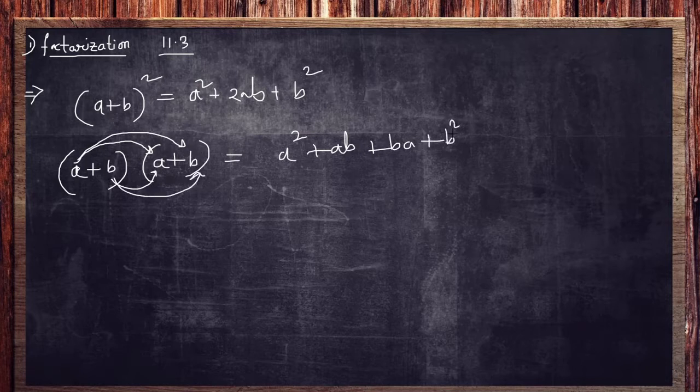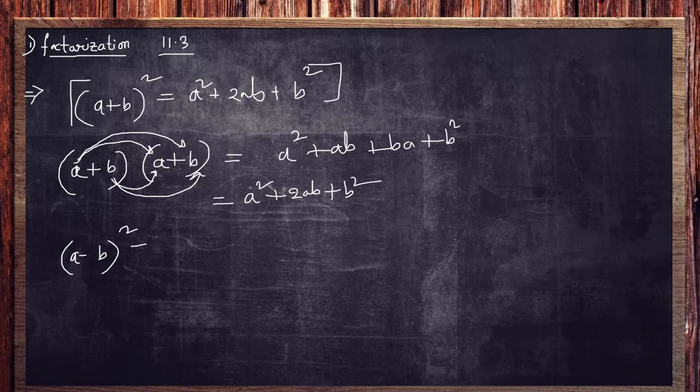Finally, if you add them together, you will get a square plus 2ab plus b square. So the whole thing is proved. Similarly, of course, that is your homework, you have to do all these proofs one by one and submit them in the group.